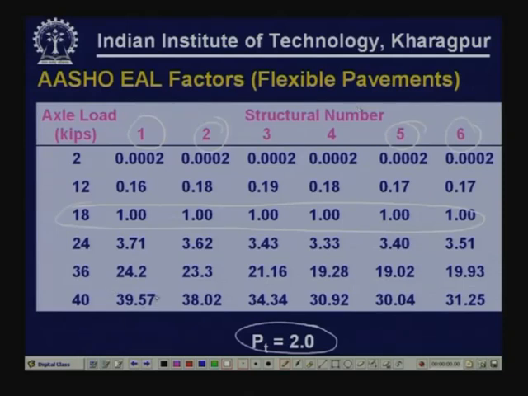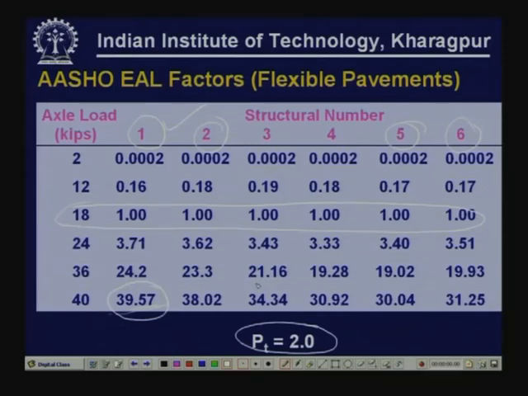If you look at a 40 kip axial load, compared to an 18 kip axial load, for a weak pavement, one structural number indicates a weak pavement, the equivalent factor is about 39.57. That means a 40 kip axial load is approximately equal to about 40 standard axial loads for a pavement having structural number of 1, if the terminal serviceability index considered is about 2.